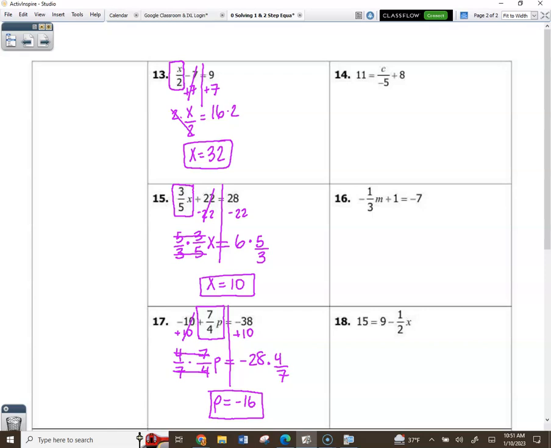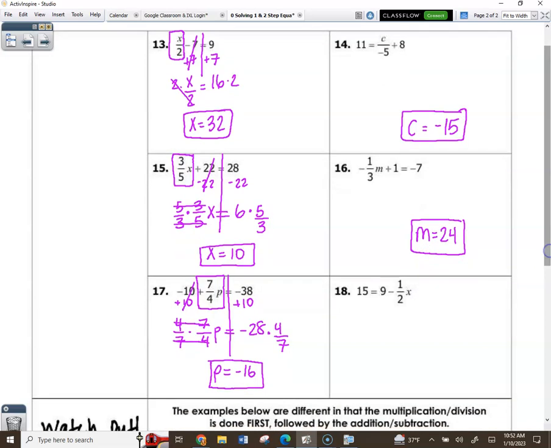I feel like a lot of you already started working these because, like I said, it was a review, a refresher. Here are the answers to these 3. Let's see if you got them right. This one is negative 15.